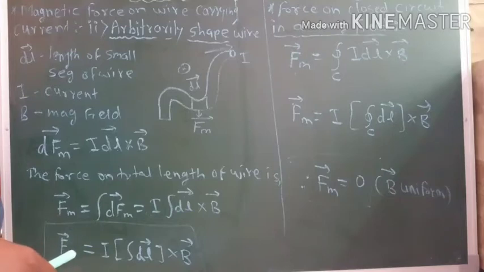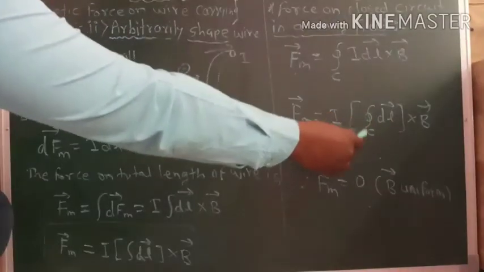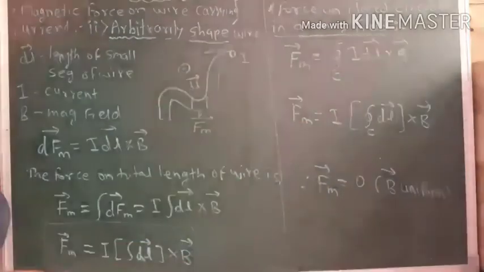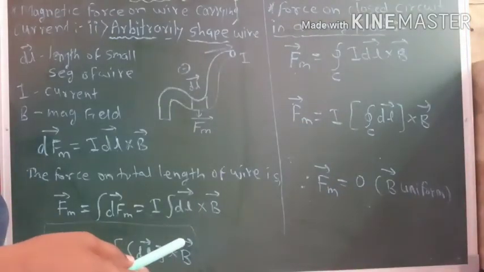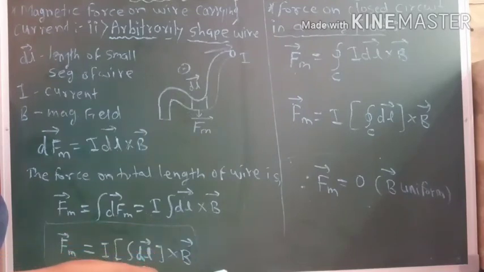But here the magnetic field is also uniform, and the vector sum along the closed circuit must be 0. This bracket, the integration over the closed circuit of dl vector, is the vector sum of the lengths of wire, and it equals 0 because the complete circuit is closed.